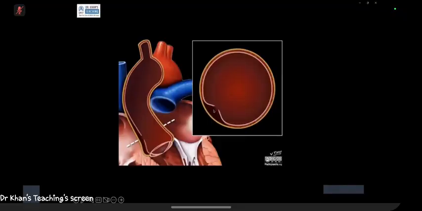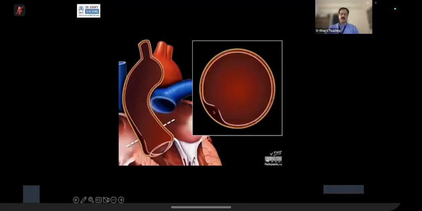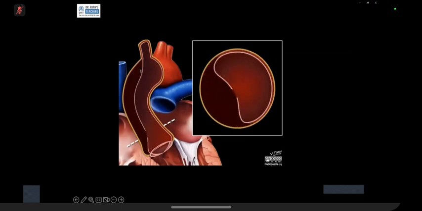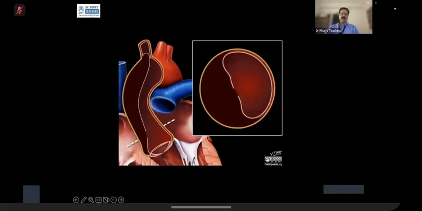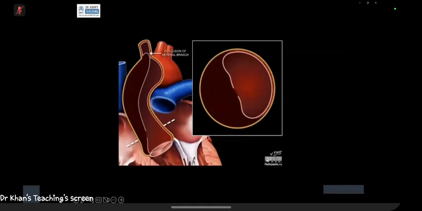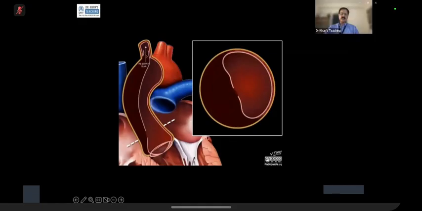And now this is the false lumen, this is the intimal tear, and then the false lumen can increase, it can go to various arterial branches, and here they have shown that it can even occlude arterial branches. Then there can be a re-entry tear, which will save the arterial supply into this vessel. This is the brachiocephalic, by the way.